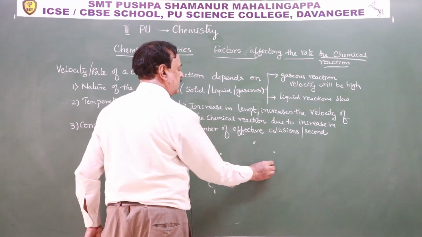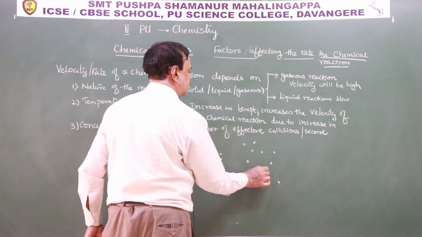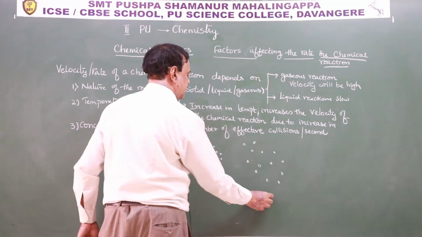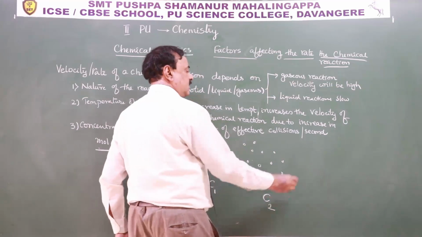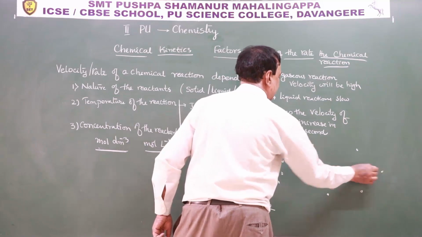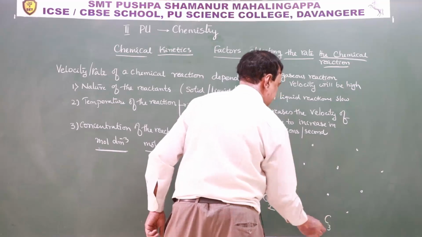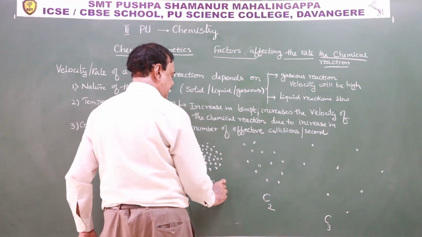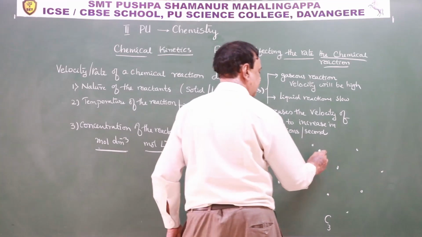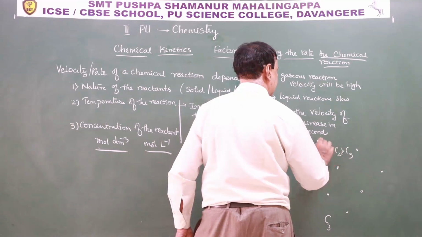Whenever the molecules are arranged like this, especially in the case of fluid molecules, this is C2. If the molecules are arranged even further apart like this, this is C3. Therefore, C1 is greater than C2, which is greater than C3.